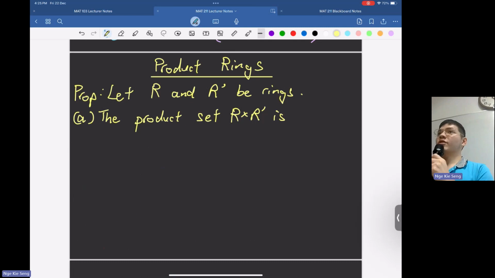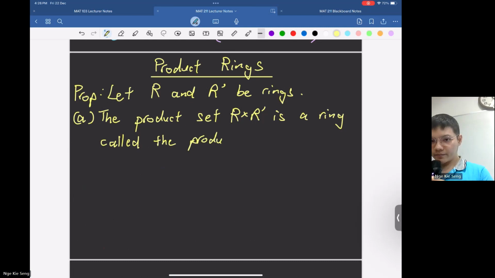One prototype you can think of is R squared from calculus. How do you add two elements there, and how to multiply? We haven't learned multiplication there, right? So let's do it here. The product set is a ring, which is called the product ring.